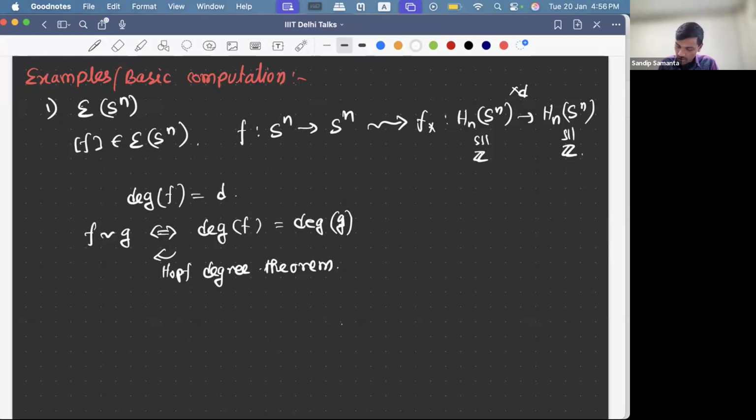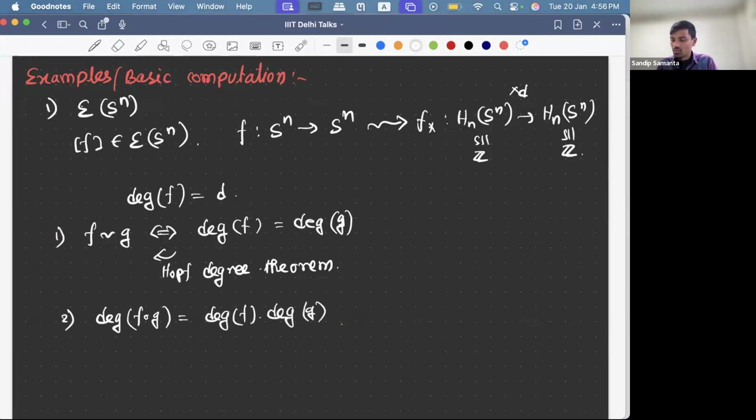So the degree also has the property that it's multiplicative. That means degree of f compose g is degree of f times degree of g.